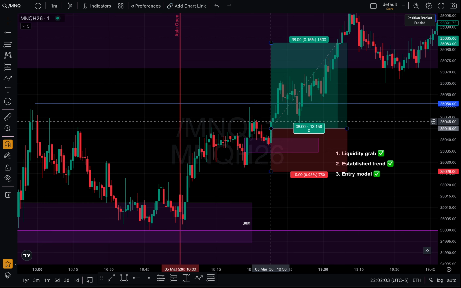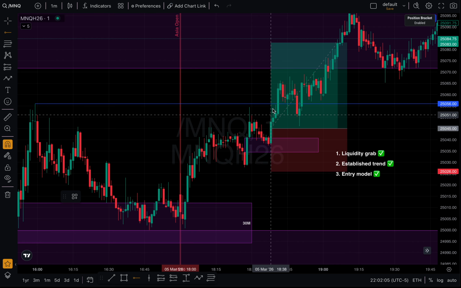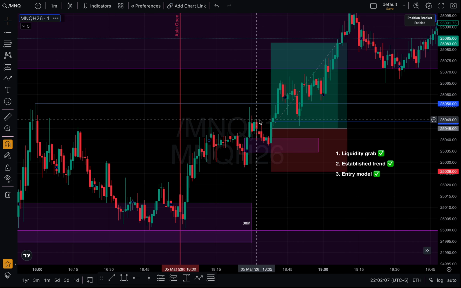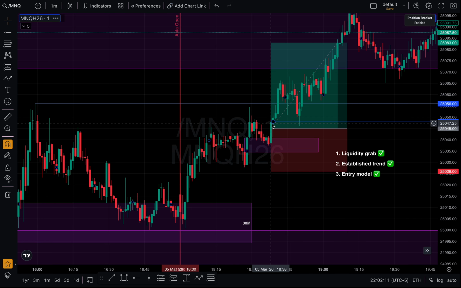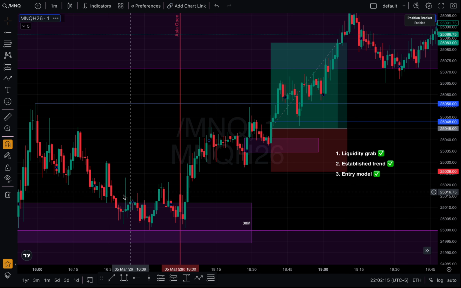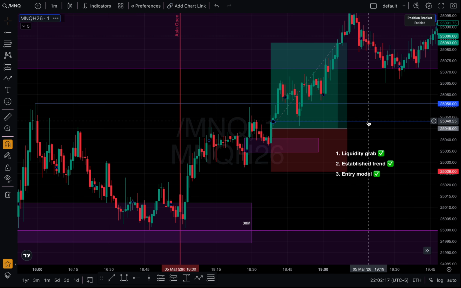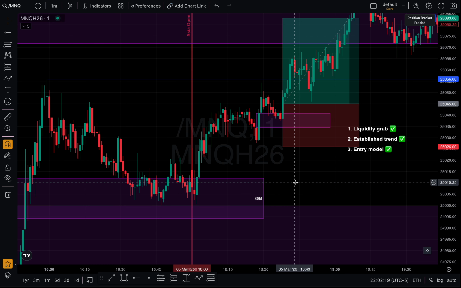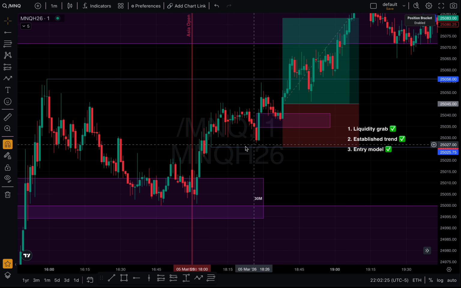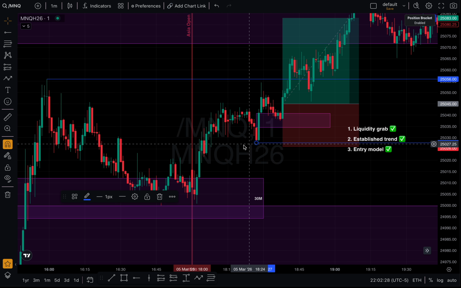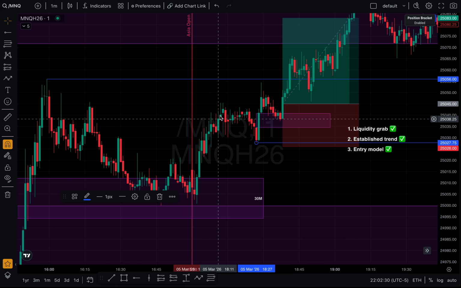Now, technically speaking, my entry should have been right here, at a little bit higher price, but this candle sequence alone was pretty engulfing and fast. We had so much bullish confluence, I figured I'm going to mark it in, so we got in a little bit earlier. Stop loss today was actually at this wick back here instead of this near swing low. I did that because price, if you look at it, was slow, but a little wick heavy.